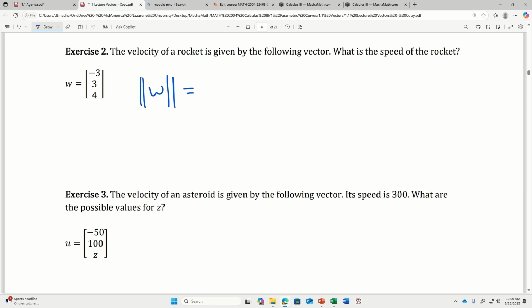Anybody have it yet? Square root 34. Yeah, square root of 34. Cool.